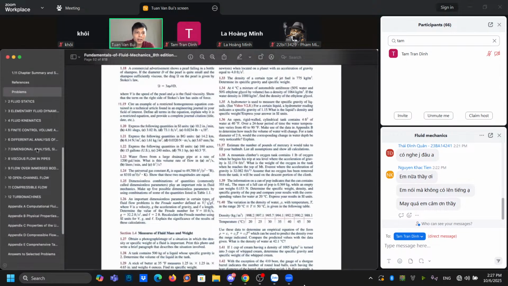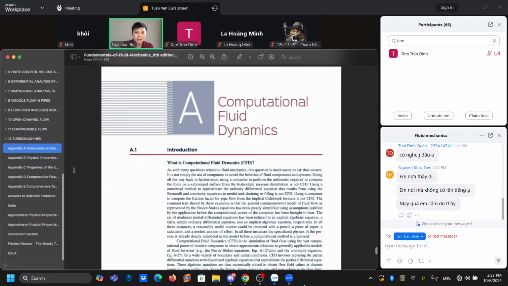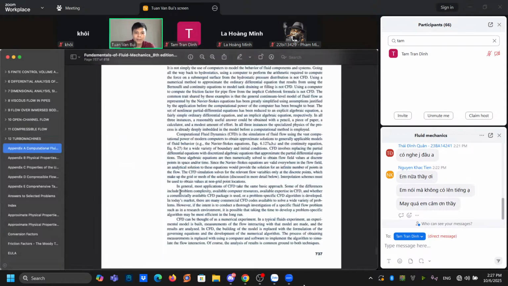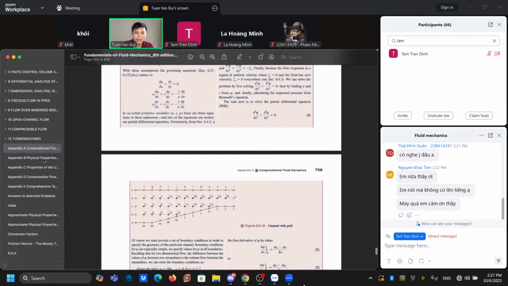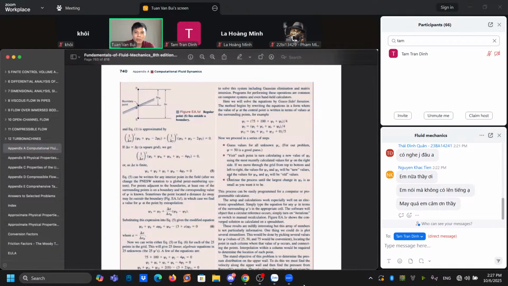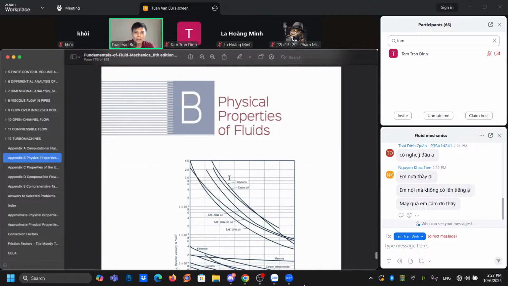And then you will have the appendix parts. There is some important information that you will read in this part. In Appendix B, you have the physical properties of fluids.